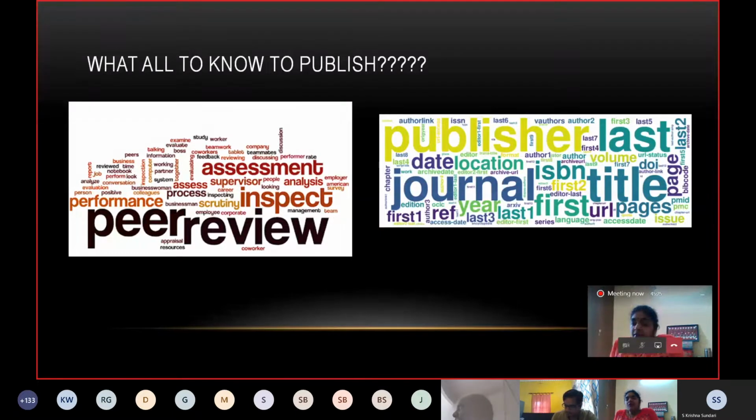Then you face all these points in front of you. How do you assess your work? How do you scrutinize your work? And how are you going to understand the peer review process? What will be the location of your publication, and whether your publication is going to be taken seriously or not?